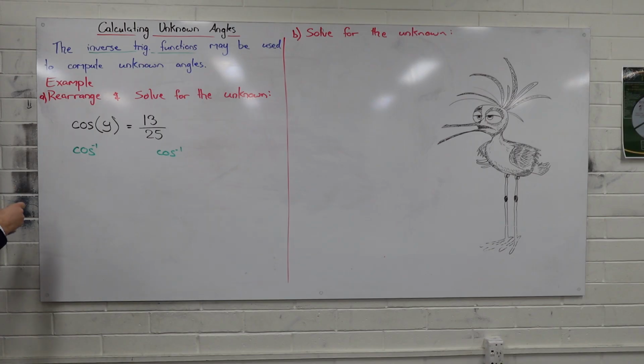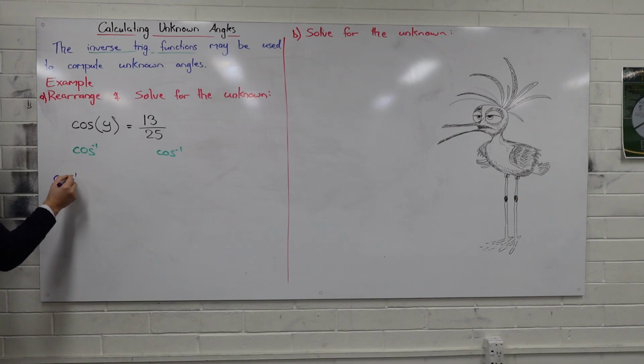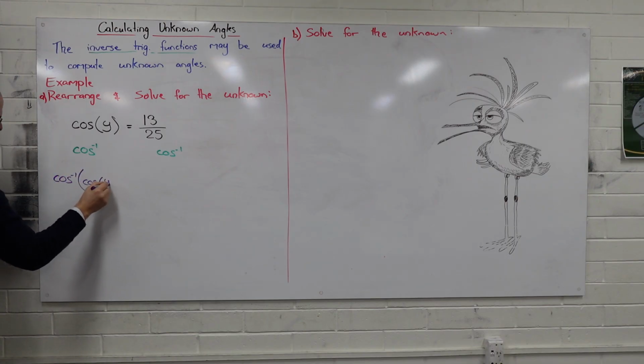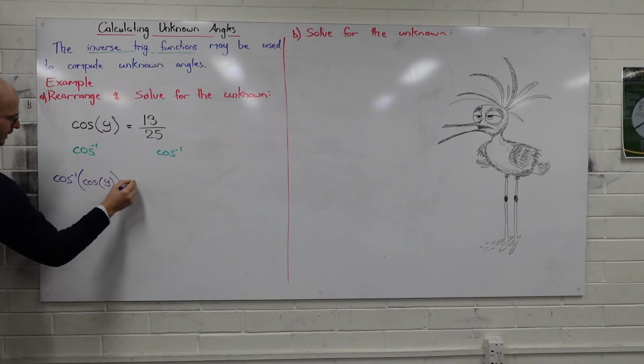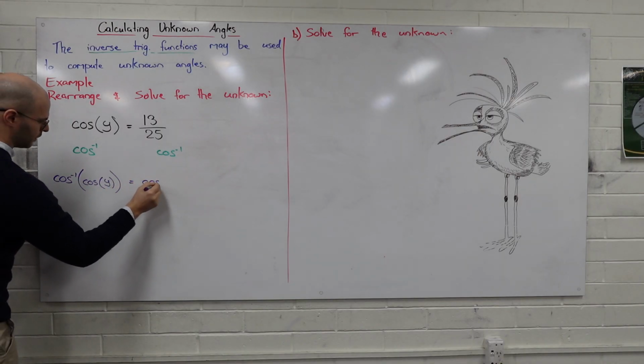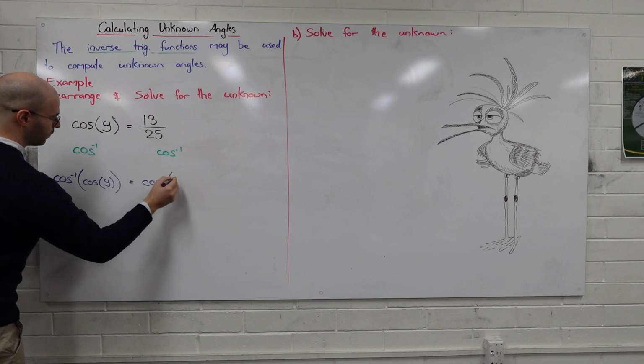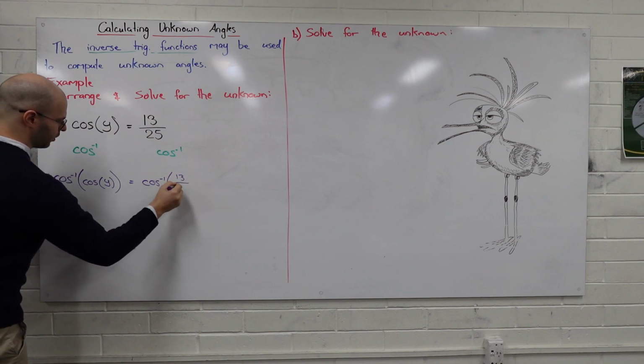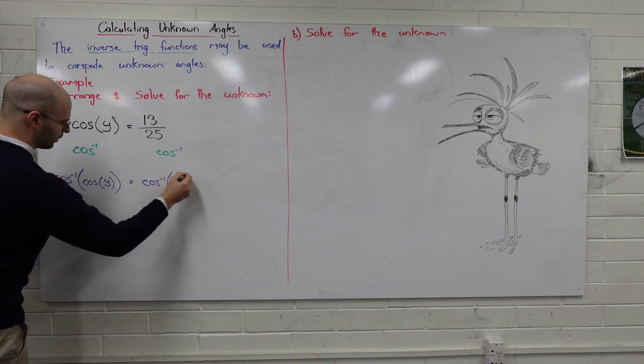This has the really great effect of going cos y is equal to inverse cosine of 13 over 25.